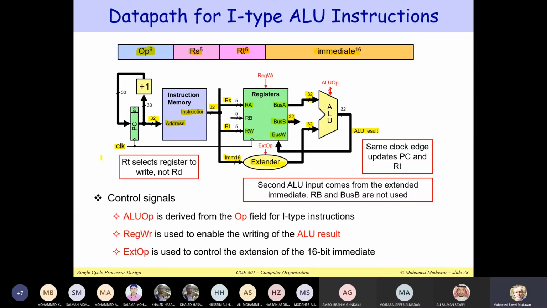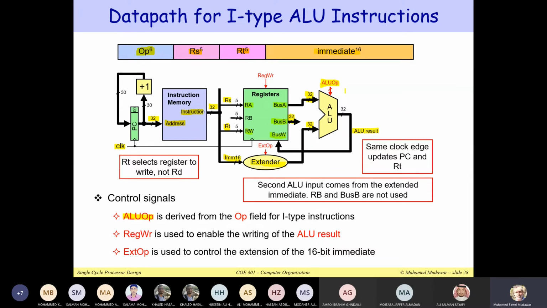Now we need control signals. I need the control signal ALU operation. This is very important. We are going to derive this ALU operation from the opcode, because the opcode can tell us this is the opcode for add immediate, AND immediate, OR immediate, or XOR immediate. So we have to add, or AND, or XOR.